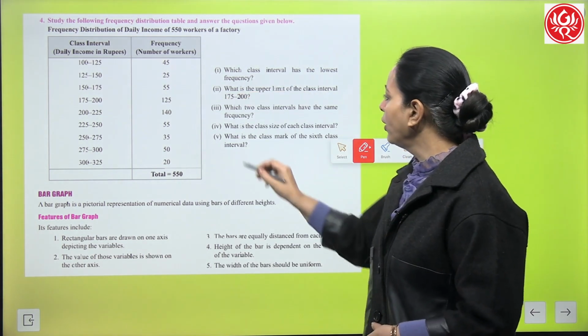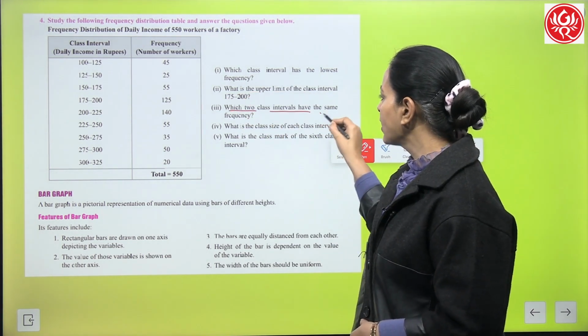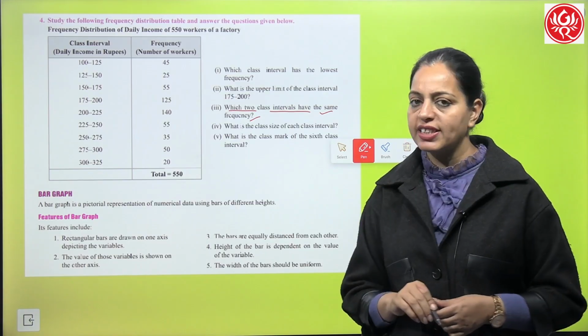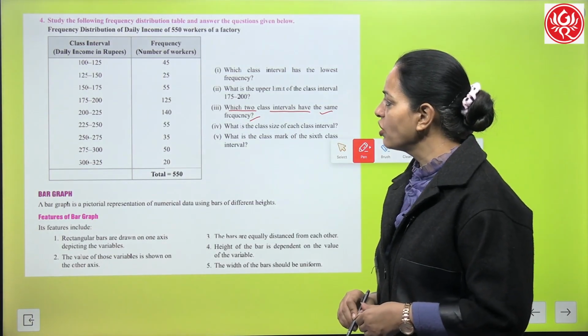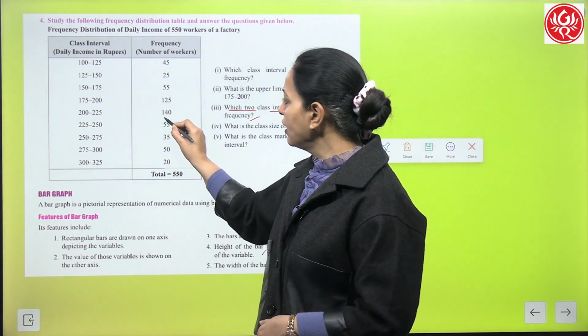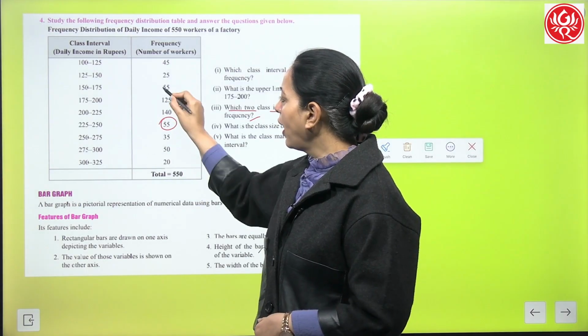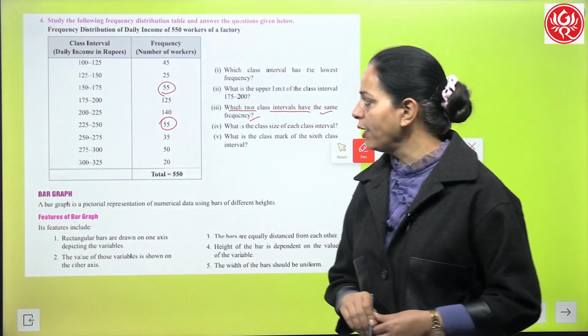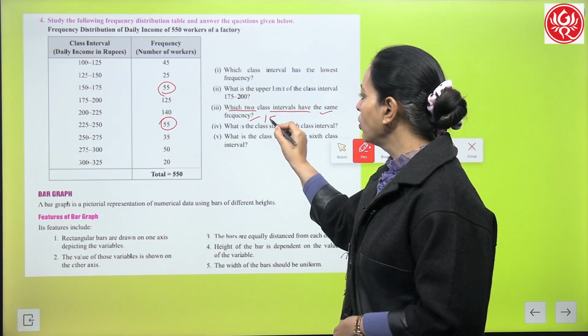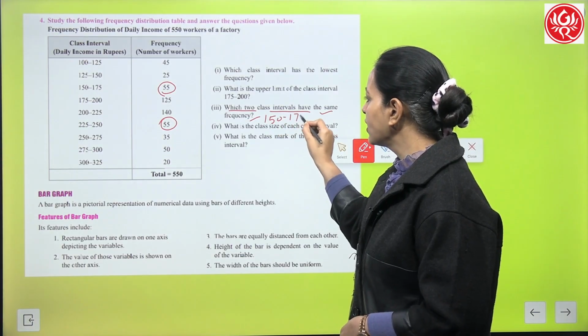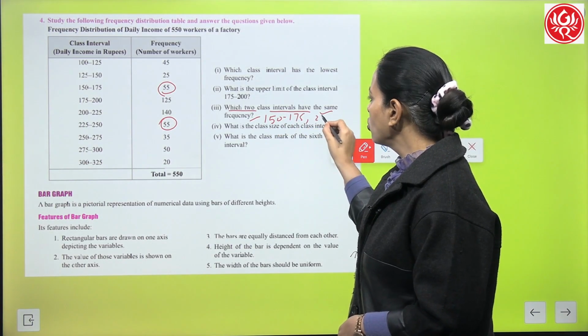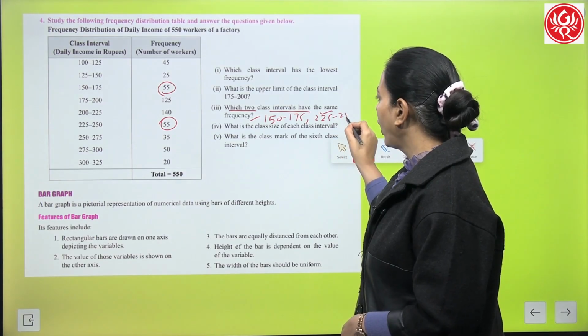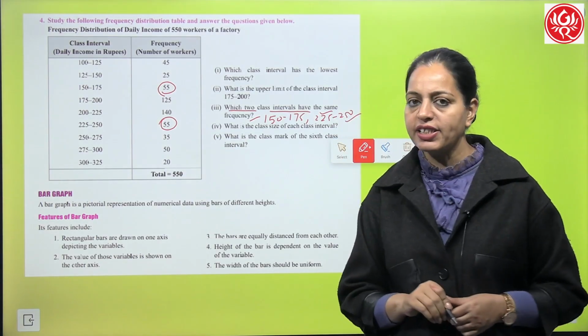Now the third one, which two class intervals have the same frequency? Same frequency, check out. So we can see this 55 and 55, same. So which class intervals? 150 to 175 and 225 to 250, right?